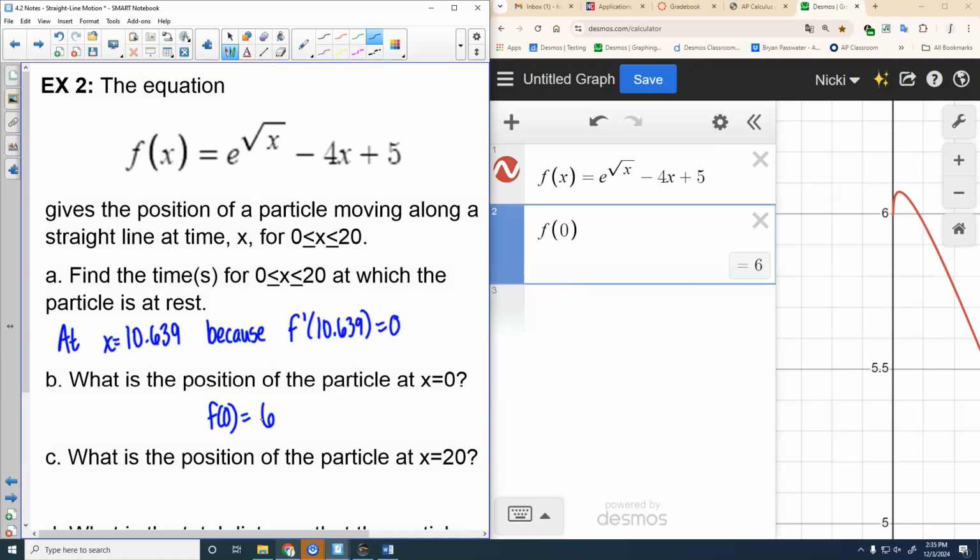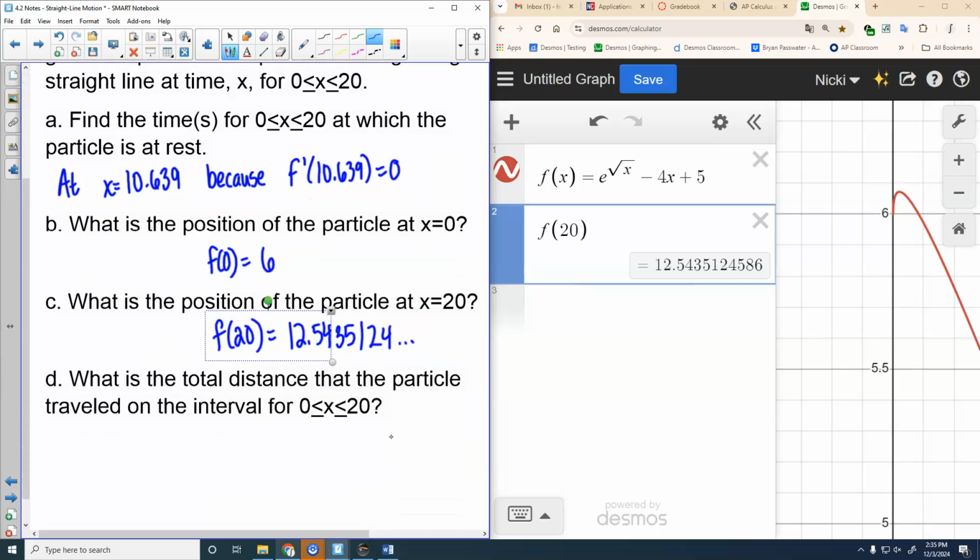What do I need to do to find the position at 20? f of 20. And f of 20 is going to be 12.5435. Let's just keep that whole number in our calculator. Okay.